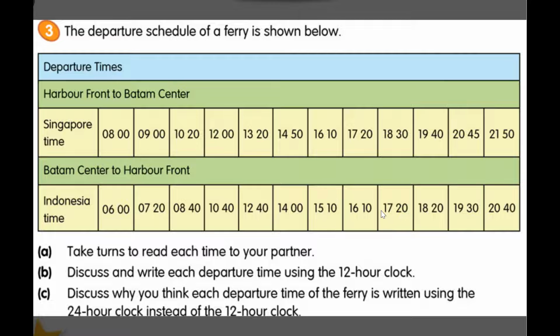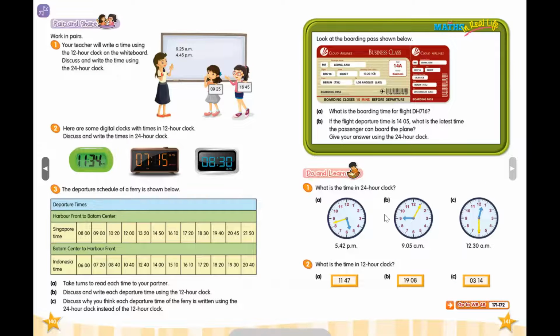To get the 12-hour clock, I will minus 12. So what should this timing be? 5:20 p.m. Okay, that must happen. If it's the 12-hour clock, you must take AM, PM. Understand?